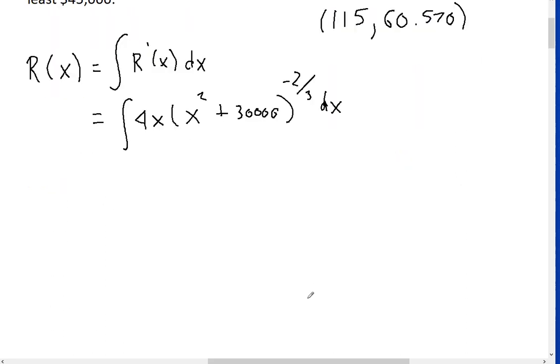Don't forget, anytime you have the integral, you'll have the differential in the same variable as the function. Now, this is too complicated to just use a power rule. You can't distribute the 4x through there because it's not just x squared plus 30,000, it's x squared plus 30,000 to the negative 2/3. So this is going to require substitution.